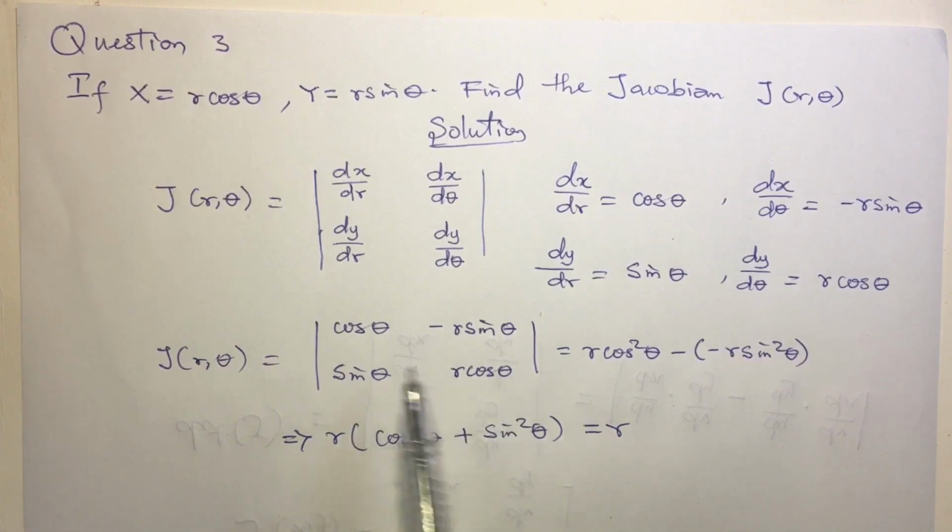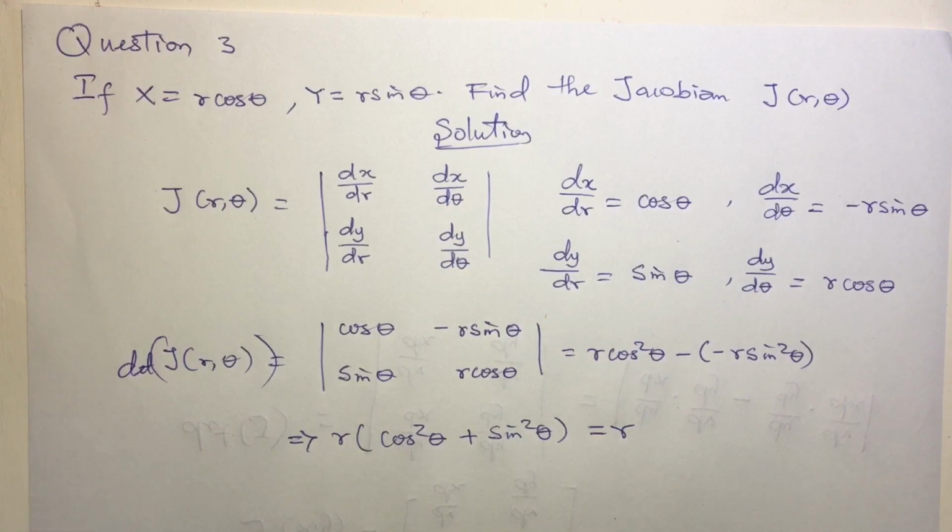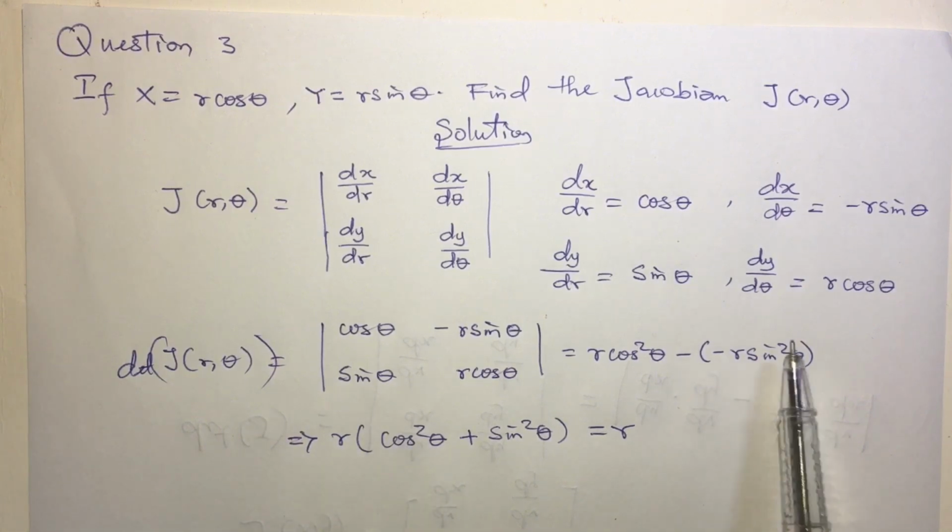Now the determinant of this particular problem will be the product of the principal diagonal minus the product of the minor diagonal. So cos theta times r cos theta will give us r cos squared theta minus r sin theta times sin theta will give us negative r sin squared theta.